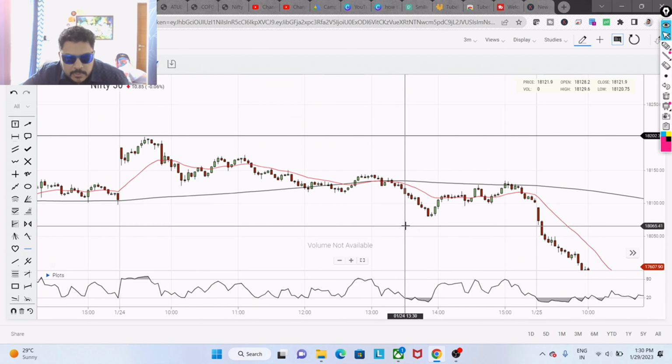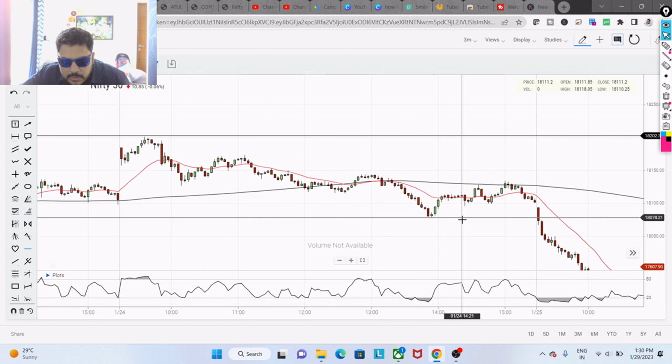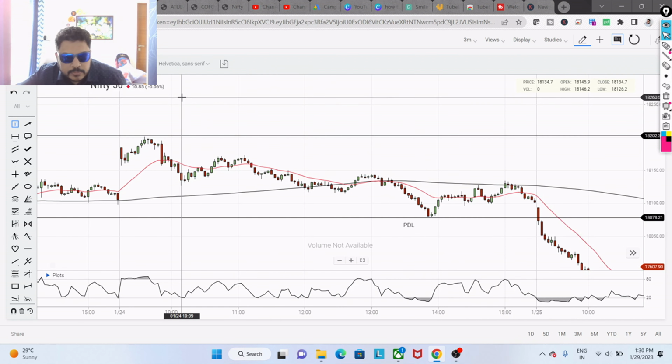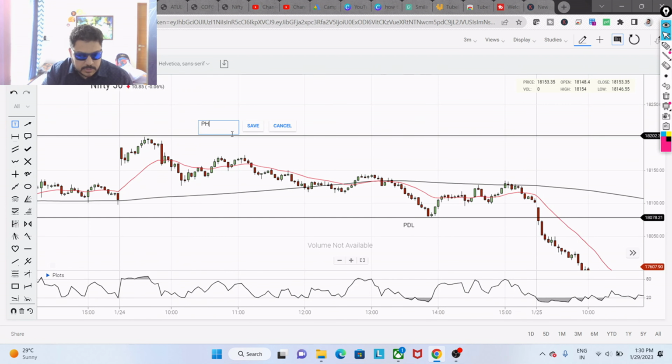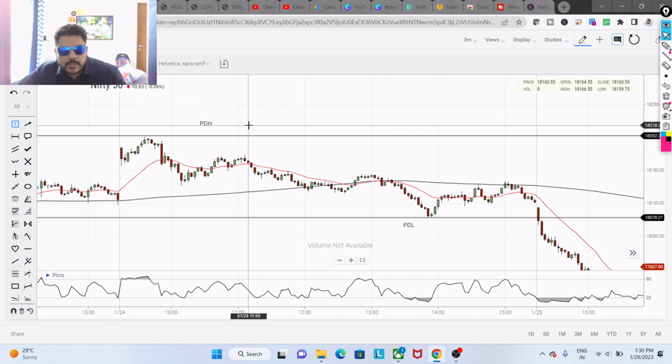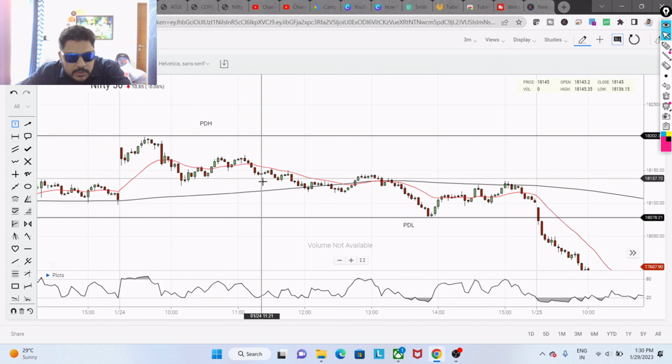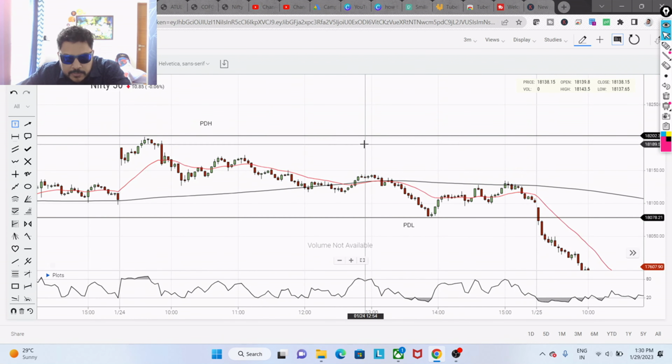Then we have previous day low. So this is our previous day low, right? Previous day high. Okay, so this is mapped. 200 is mapped, black color, 20 is mapped.